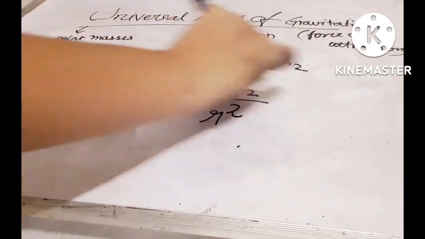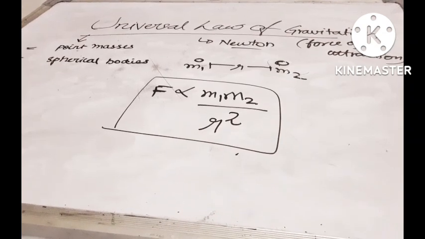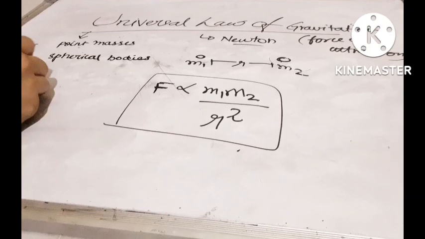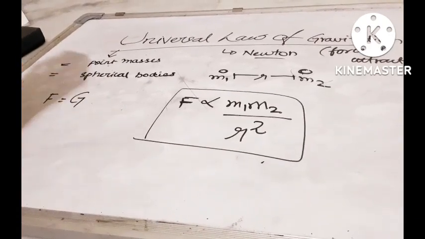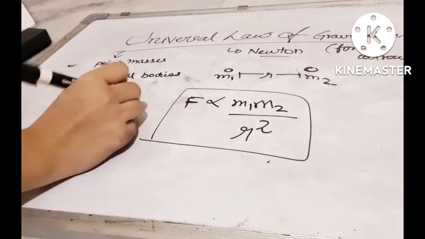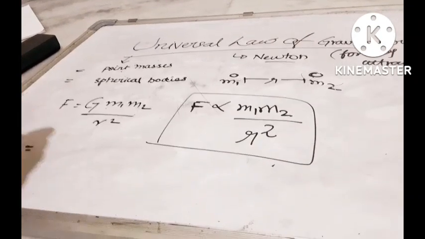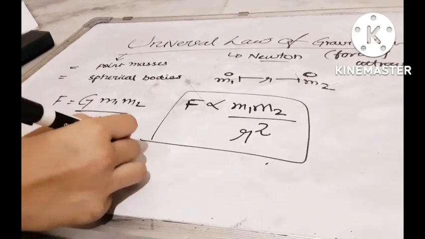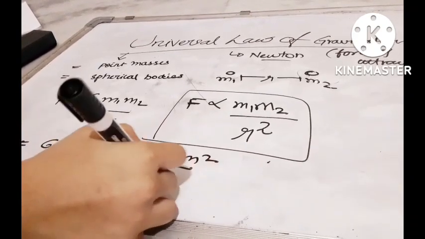This is the universal law of gravitation given by Newton. And if you want to remove the proportionality sign, you use a constant called the universal gravitation constant G: F = G m1 m2 upon r square. Now what is the value of G? It is universally given as 6.67 into 10 to the power minus 11 Newton meter square upon kg square.